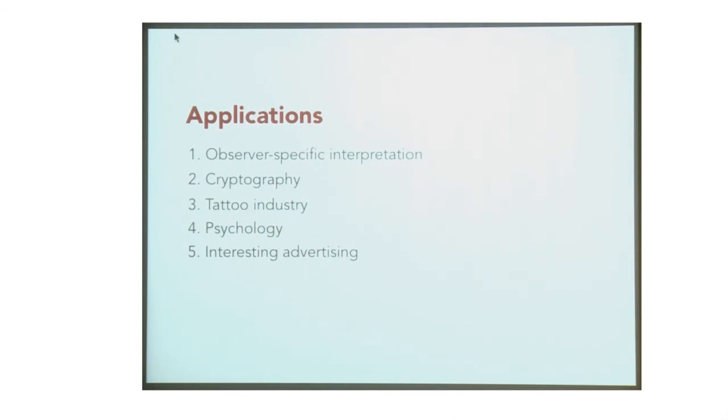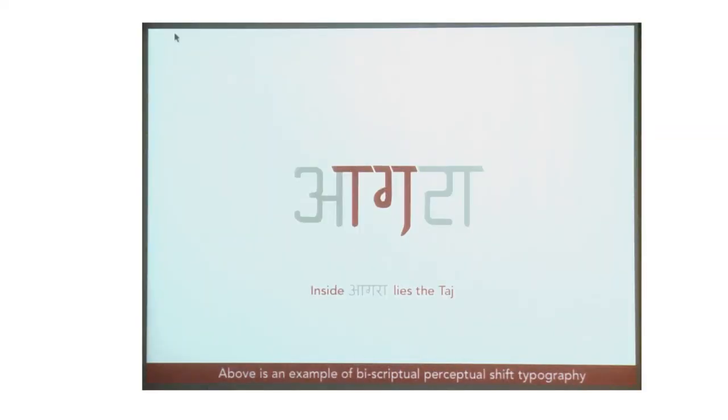I'll share with you some of the applications which I feel such perception shifts can have. Say you show the Agra one to a person who only understands Devanagari, then he will just see the Devanagari Agra. And a person who only understands Latin will feel that there is something written in Latin in that red part.